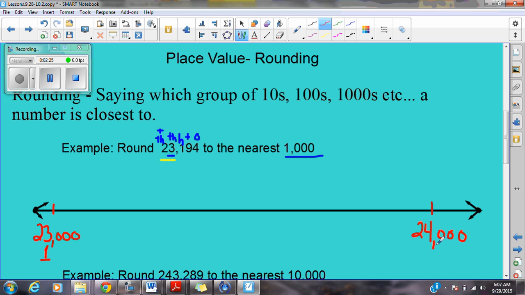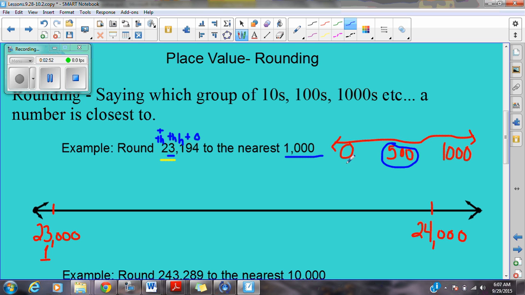When you're looking at midpoints, you're thinking about what is the middle of 0 and 1,000. Between 0 and 1,000 is 500. Why? Because if I put all of the numbers on the number line between 0 and 1,000, 500 would be the number in the middle by itself without a partner. It would be exactly in the middle.